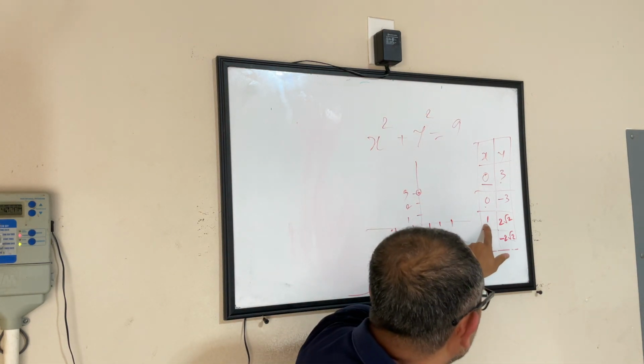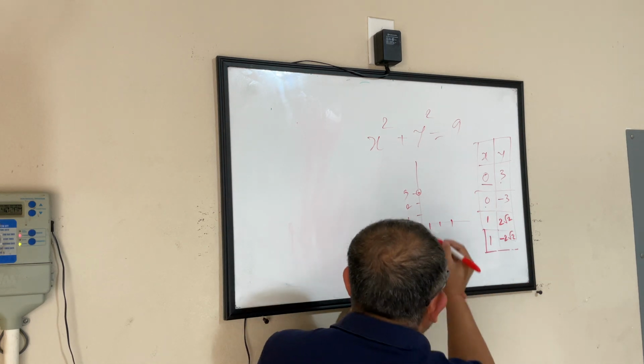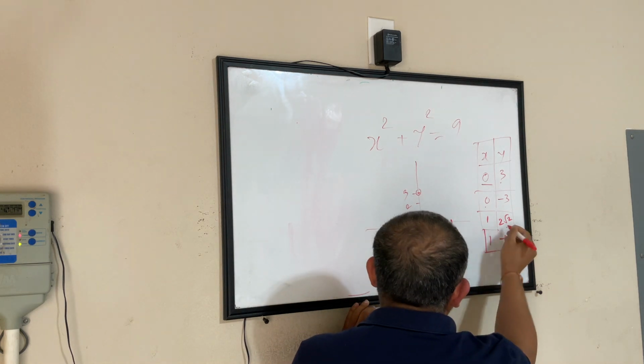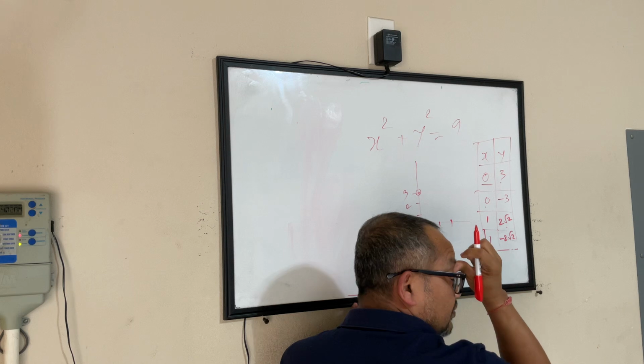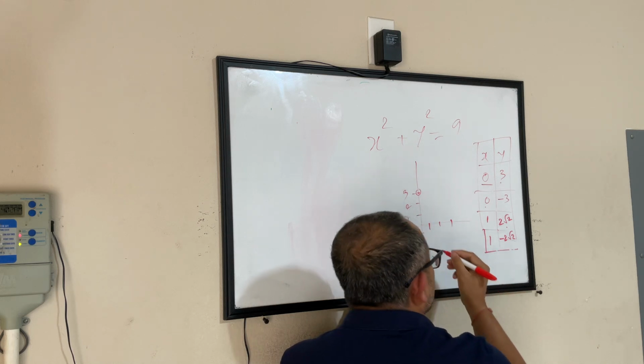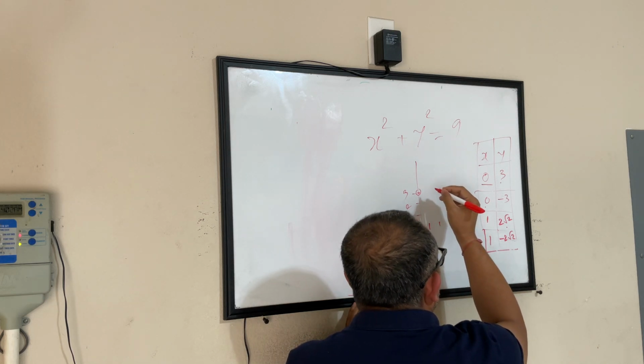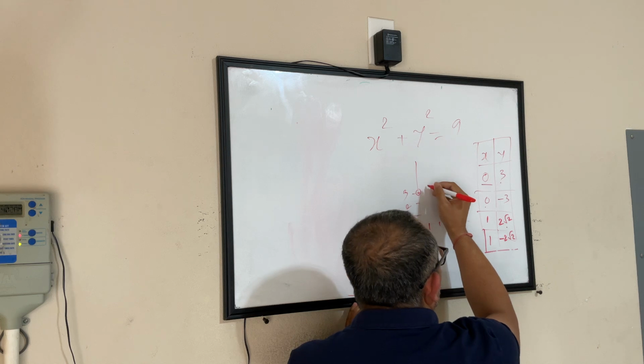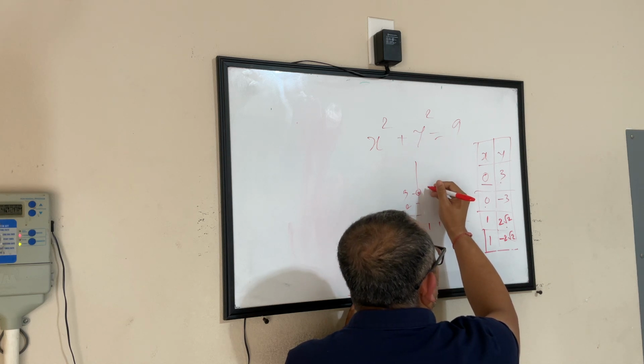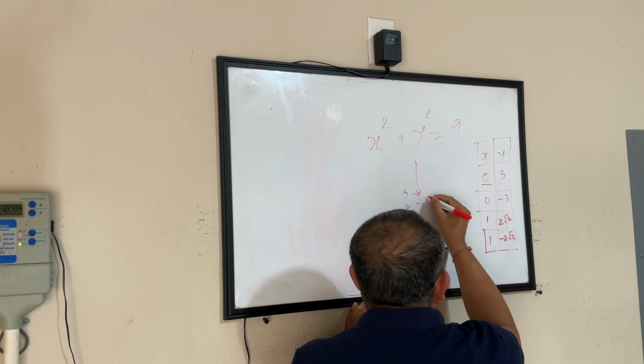So when x is 1, y is 2 root 2, which will be something like 2 into 1.414. So that will be little more than 2.8, somewhere here.